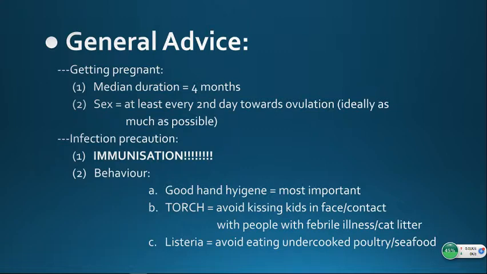These organisms can cause congenital infections and severe anomalies with the baby. To avoid them, avoid kissing kids in the face, avoid contact with people with febrile illness, and in the case of toxoplasma, cat litter is also best avoided.